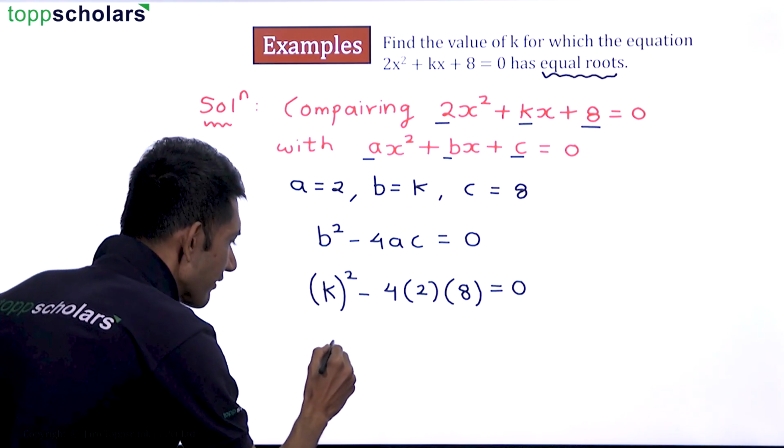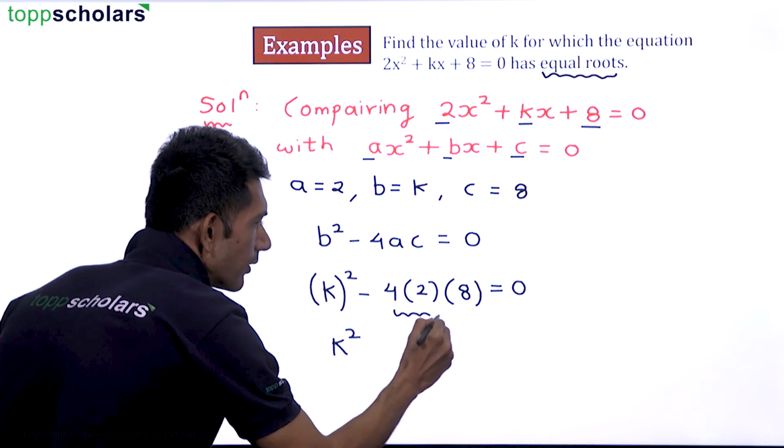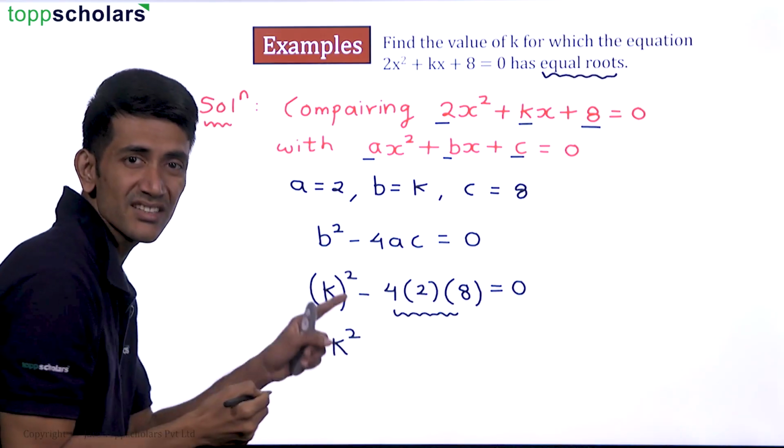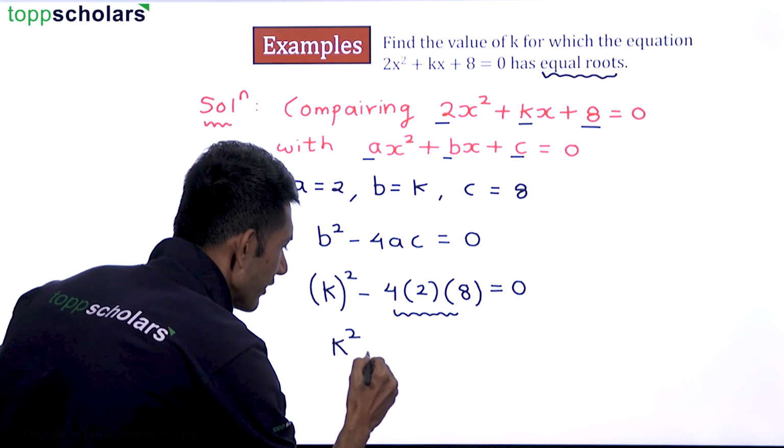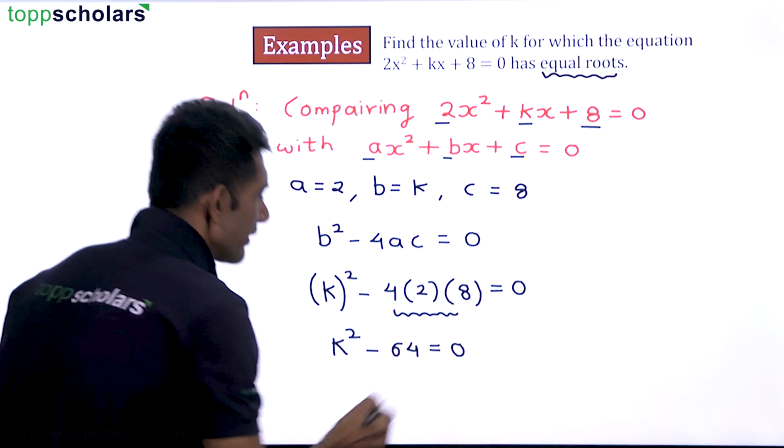So this becomes k² minus, 8 times 16... 16 times 4 is 64. So k² - 64 = 0.